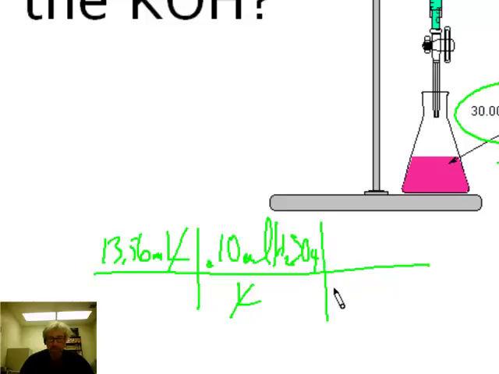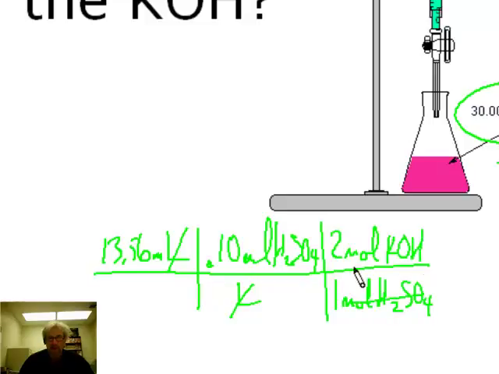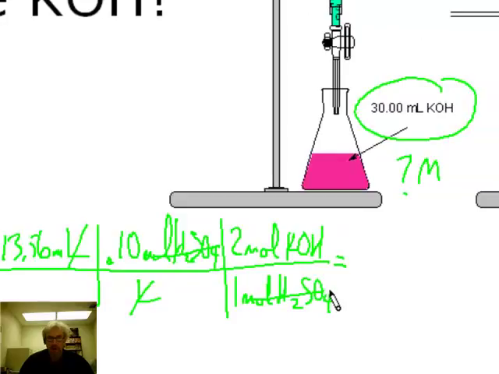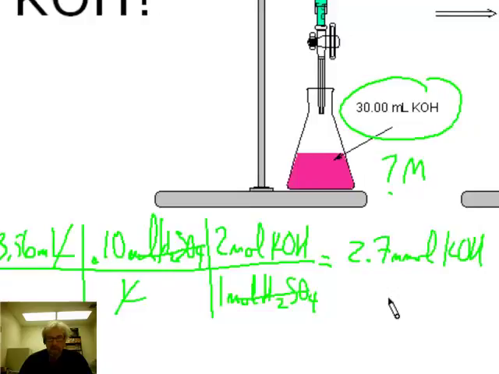Mole ratio: we've seen from the balanced chemical equation that 1 mole of H2SO4 will neutralize 2 moles of KOH. So now I have millimoles of KOH, and I'm going to stop my calculation there. When I work this out to 2 significant figures, I have 2.7 millimoles of KOH.